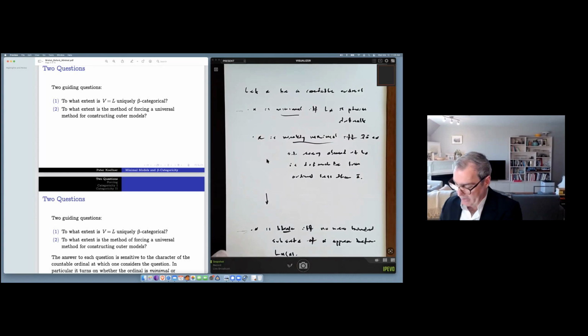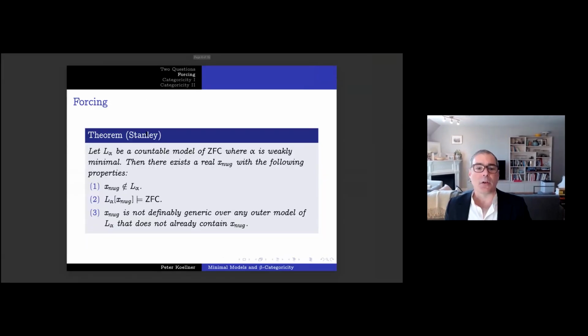Ultimately it's going to depend on whether you're at a bleak ordinal, where you've got a very robust satisfaction of ZFC, or you're at any one of these other, non-bleak ones. So I'll first illustrate the phenomenon with forcing, and then I'll turn to categoricity.